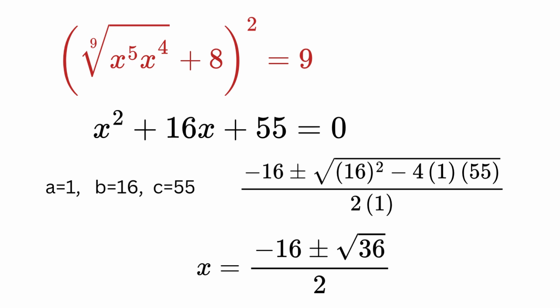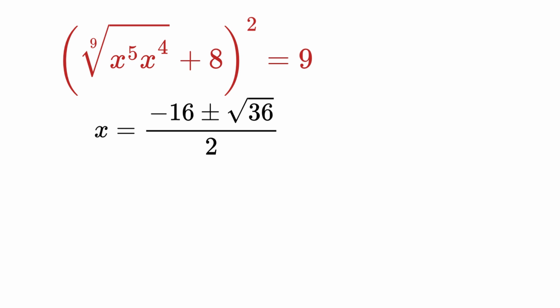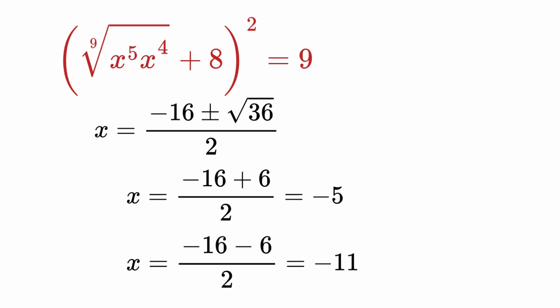On solving we get minus 16 plus or minus square root 36 by 2. Then substitute once with the plus and once with the minus sign, then we get 2 x values. x is equal to minus 5 and minus 11.